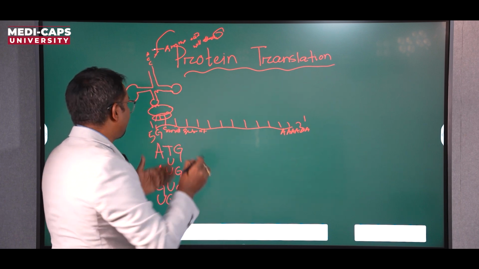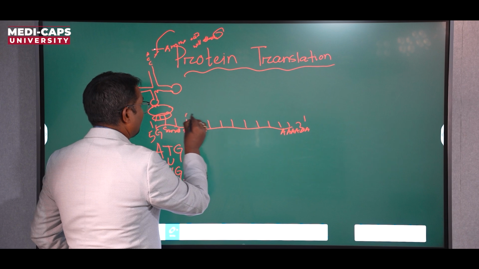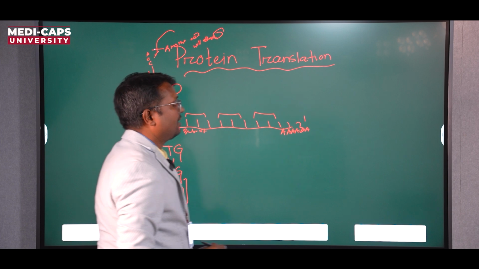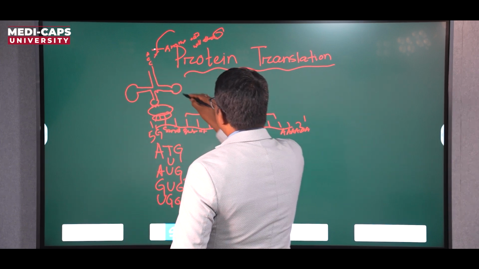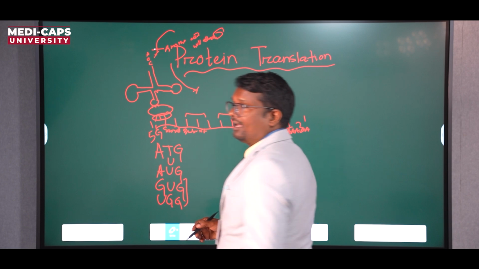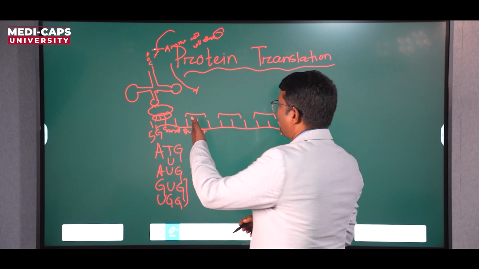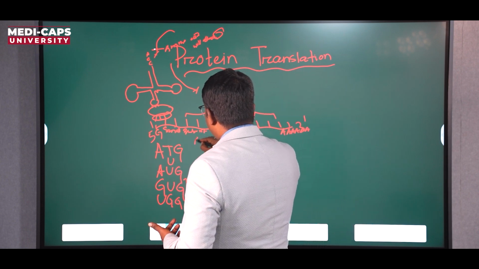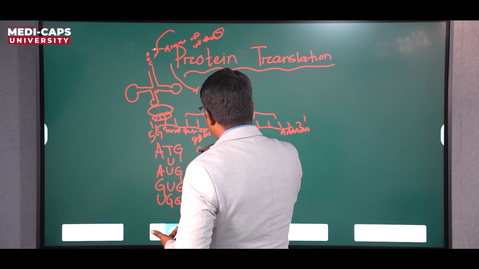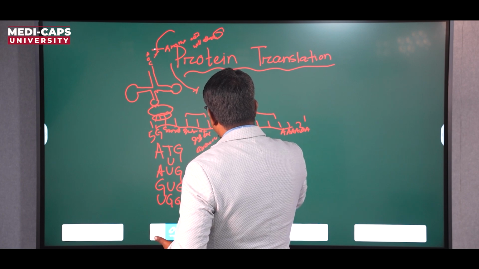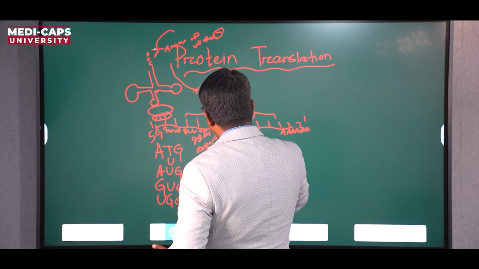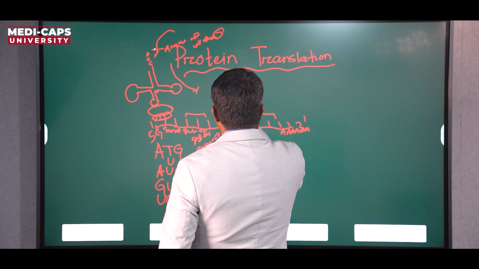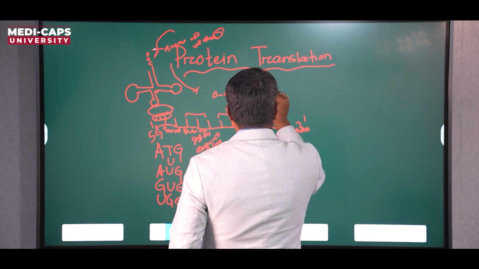Subsequently, the protein translation will continue and it will read as triplet codons, and for each and every next codon, if it is different from the start codon, a different amino acid will come, and subsequently the protein chain will continue like this.